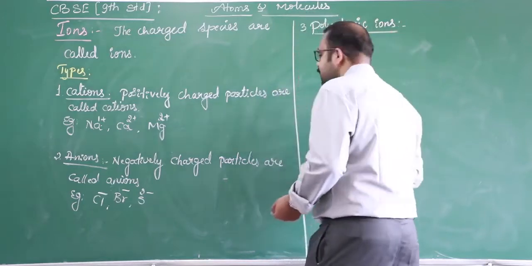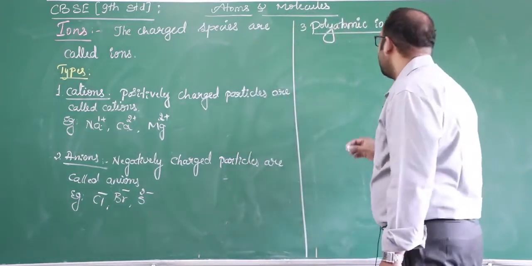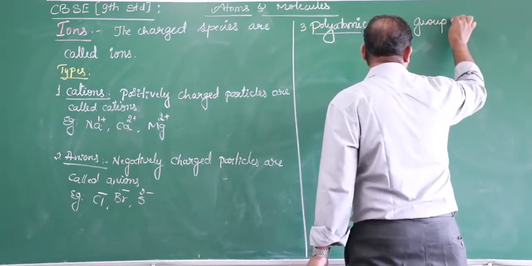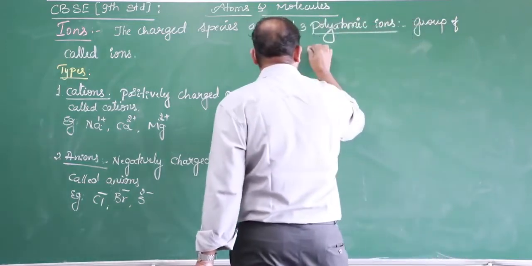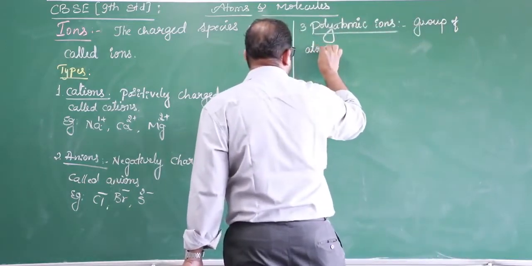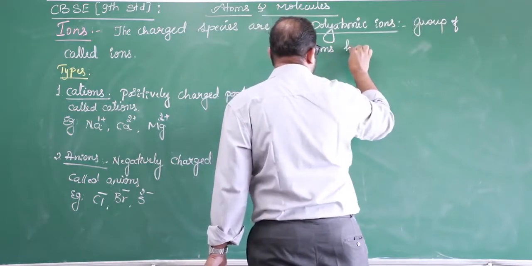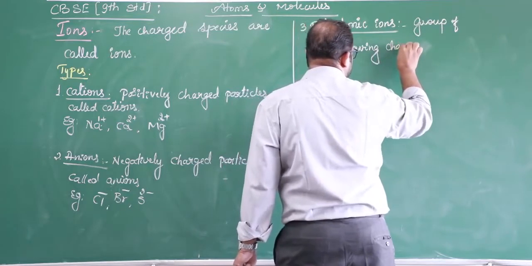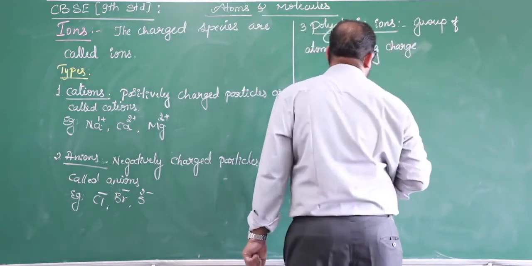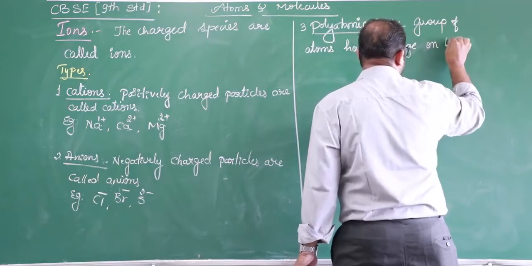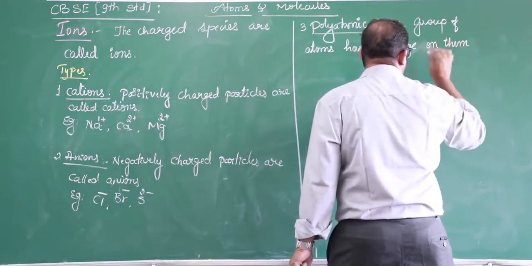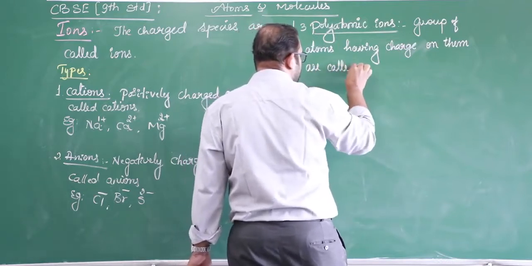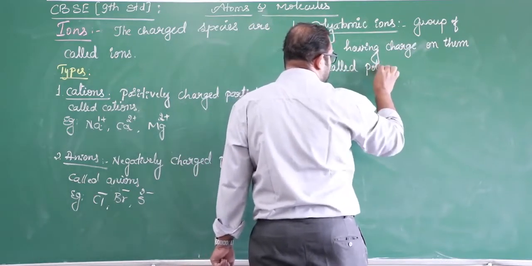Polyatomic ions means a group of atoms having charge on them.